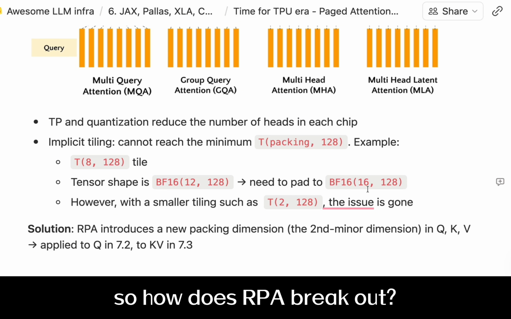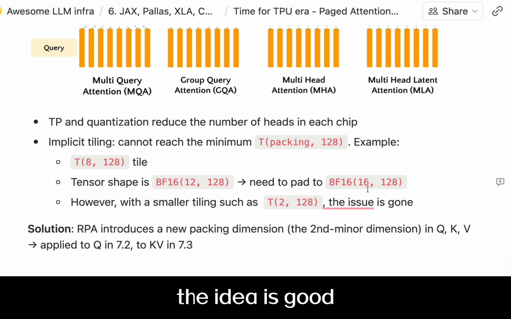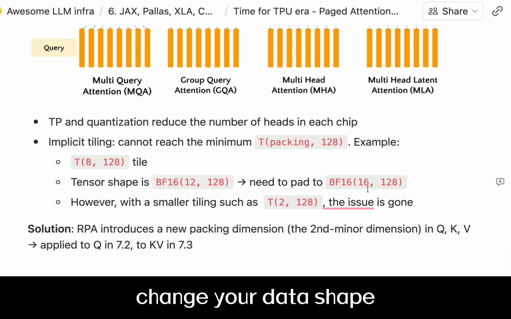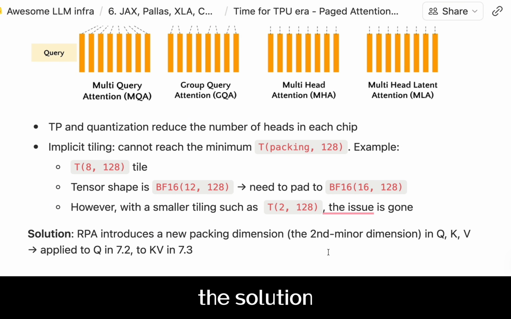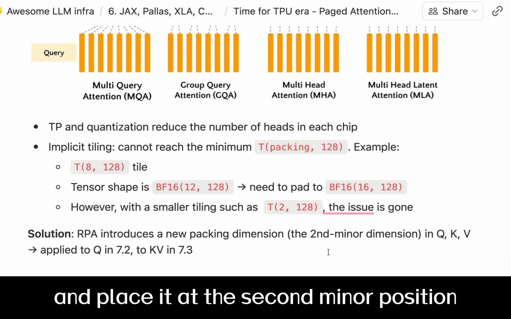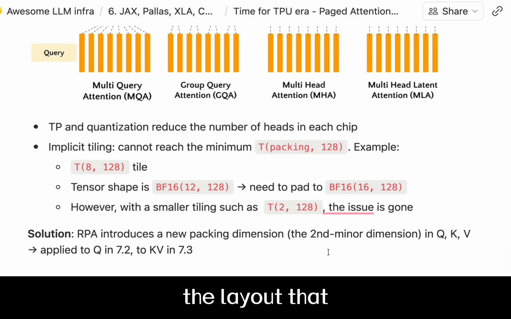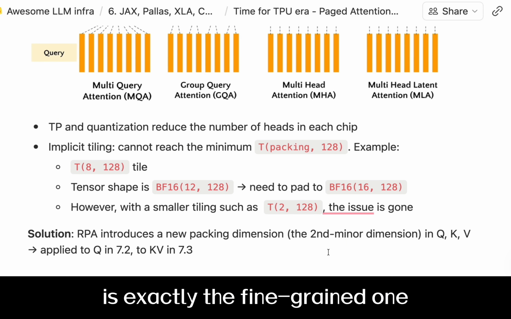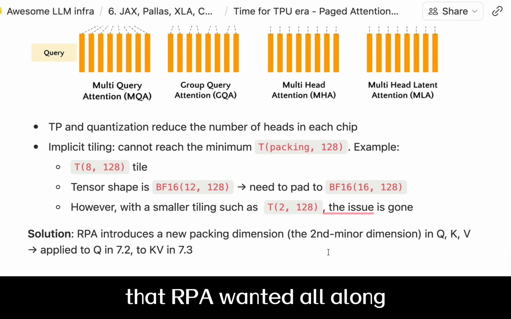So how does RPA break out? The idea is good. If you cannot change XLA's rules, change your data shape so the rules work for you. The solution is to manually add the packing dimension to QKV and place it at the second minor position. With this change, the layout that XLA automatically assigns is exactly the fine-grained one that RPA wanted all along.